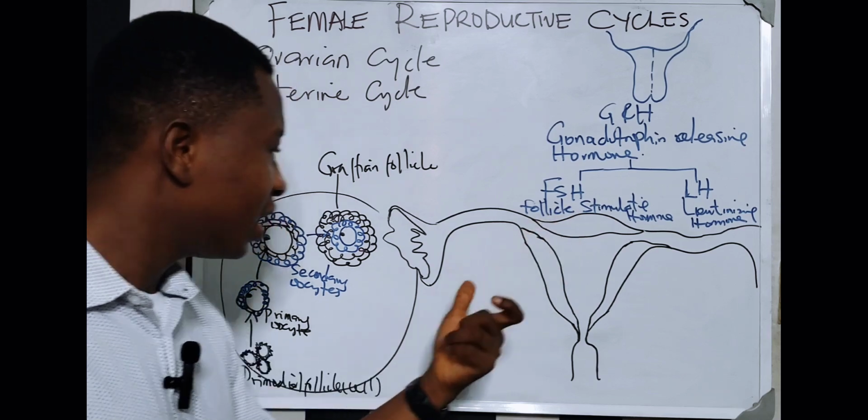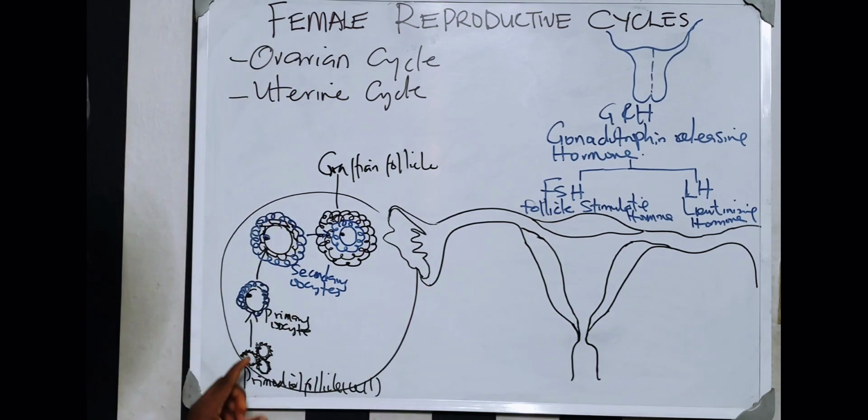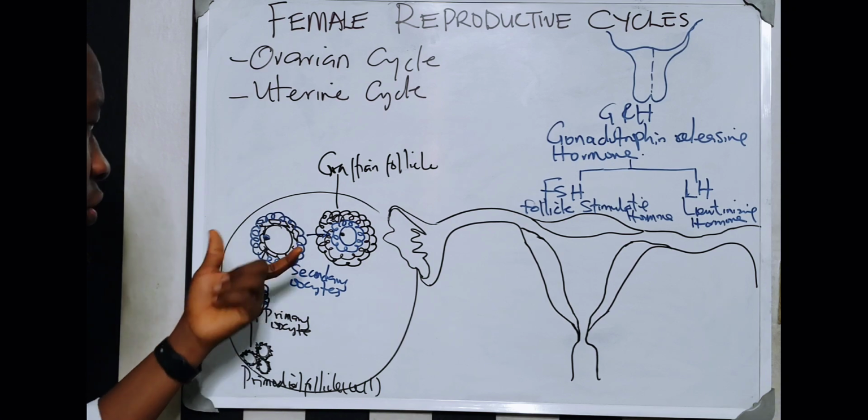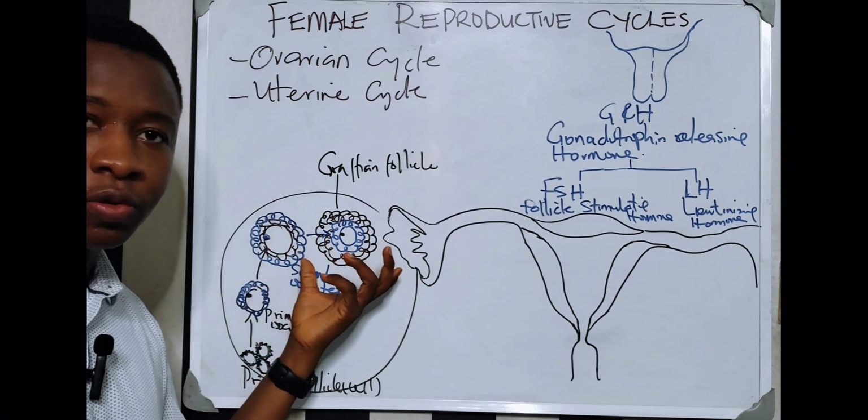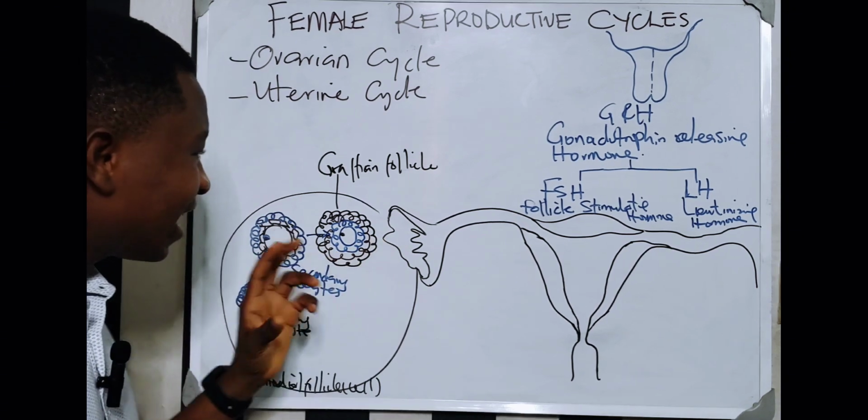So this hormone plays a role in synthesizing or producing the follicles for the primary oocyte, secondary oocyte, and the Graafian follicle.